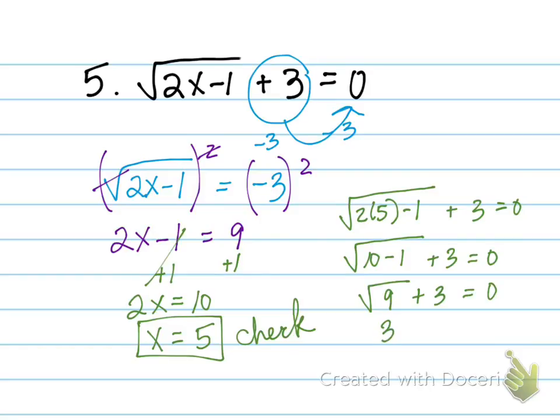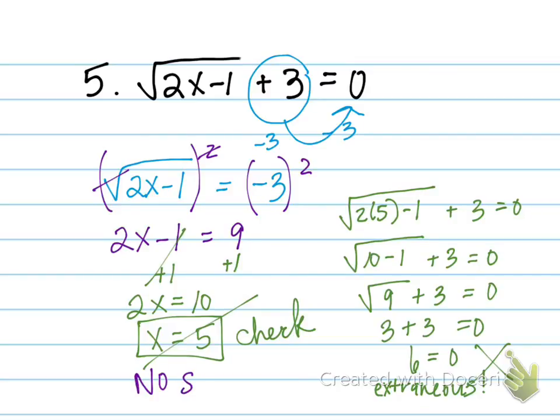The square root of 9 is 3 plus 3 equals 0. So here is where I have an extraneous solution. This is not true. So since 6 does not equal 0, I get an extraneous solution. So my final answer would end up being no solution.